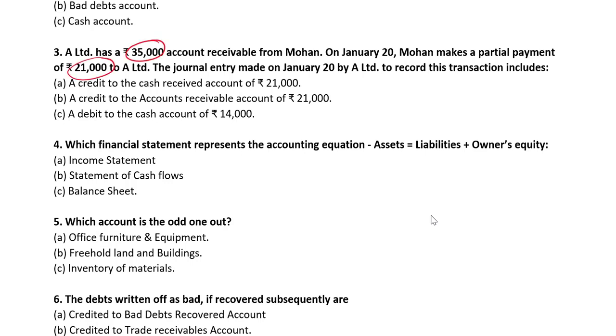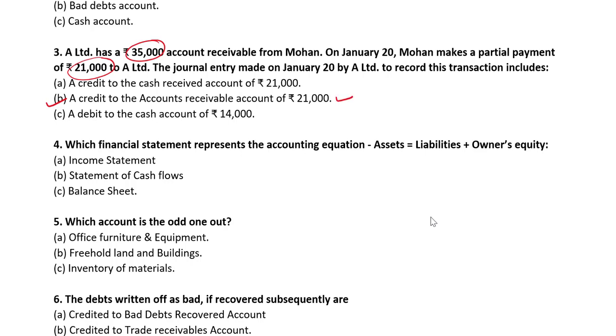The journal entry made on January 20 by A Limited to record this transaction includes what? A credit to the accounts receivable account of 21,000. Why? Because out of 35,000 he had already paid 21,000, so we need to credit 21,000.